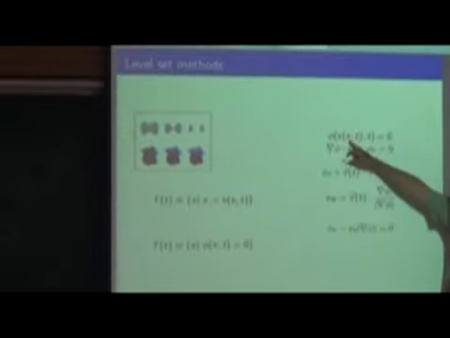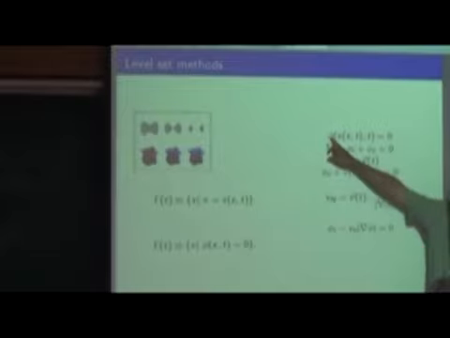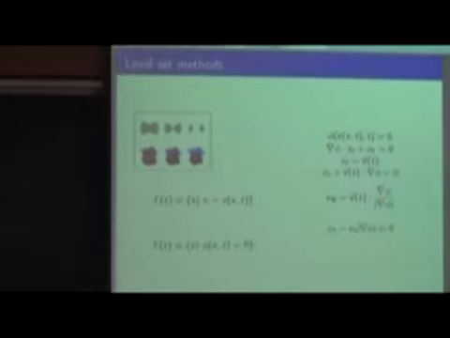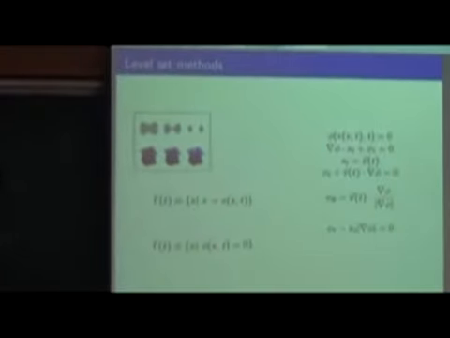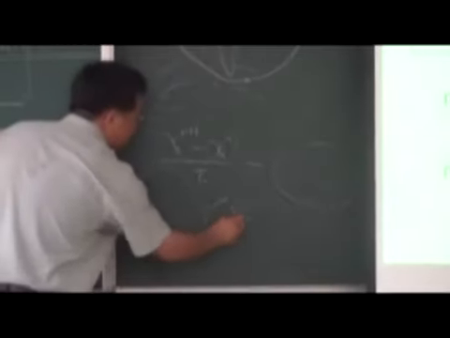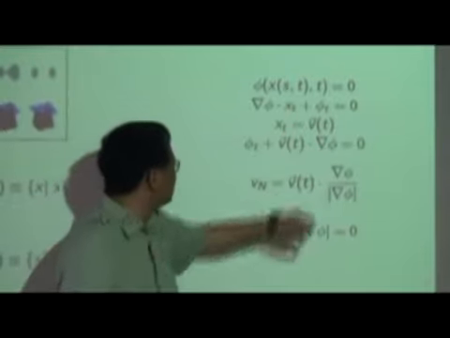If you differentiate phi on the curve with respect to t, in 2D, you get the gradient of phi, inner product with x_t, and then you get phi_t, right? Assuming that in the Snake model you want to move the curve with a velocity v, so every point I move with the velocity v, this will be the movement in the original Snake model. If you put this into here, you get phi_t plus gradient phi dot v equals 0.